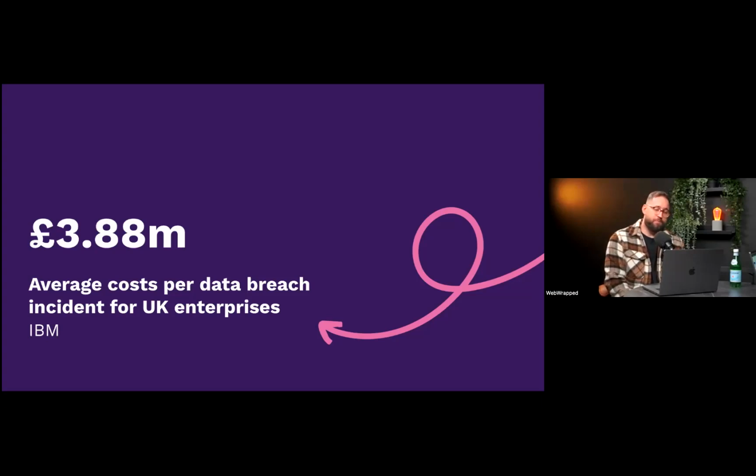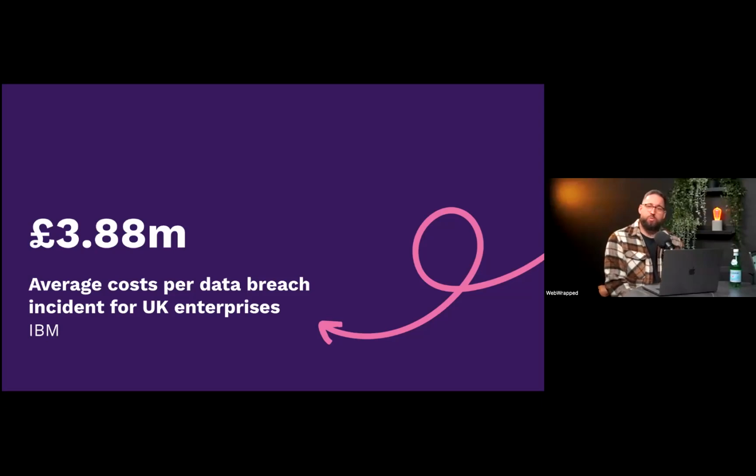You may be working within the UK subsidiary or the UK department of a global business, or whatever it may be. That fine isn't just isolated to your function, your team. It is a global fine. The average cost for a data breach is around £4 million for UK enterprises.